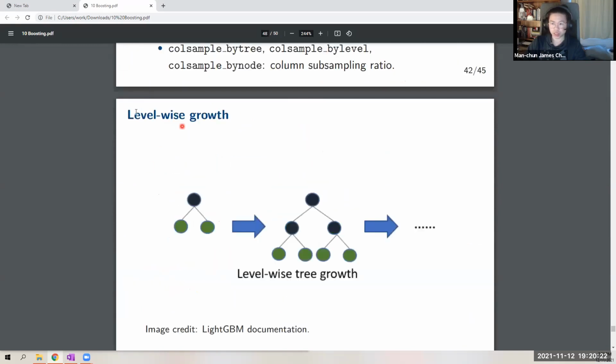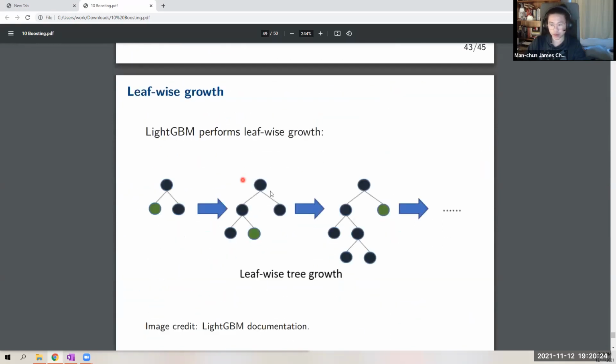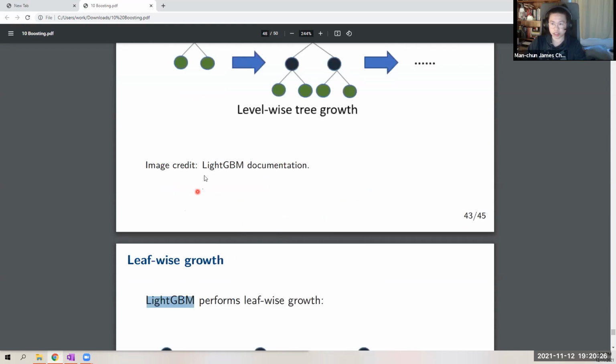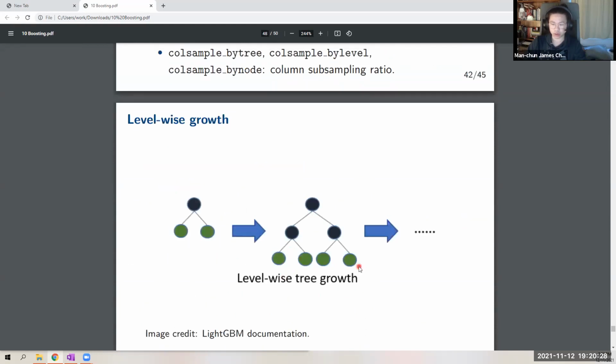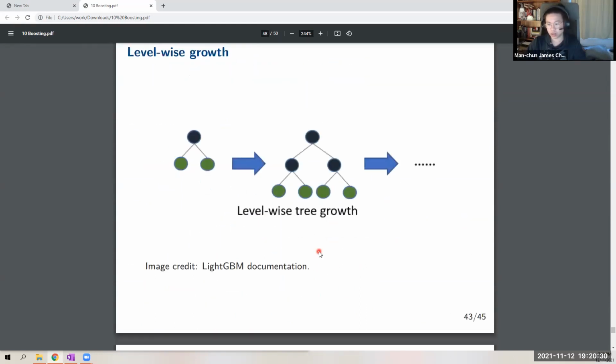And then there's the difference between level-wise growth, which XGBoost does, and leaf-wise growth, which is what LightGBM does. In XGBoost, you're growing each level, so the next step would be like this, then like this, then like this. So you're growing each layer.